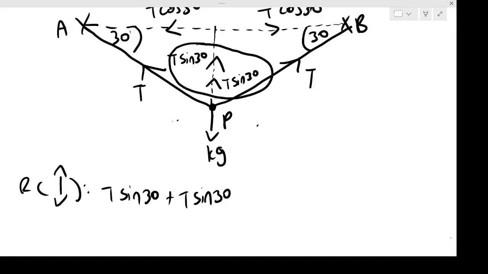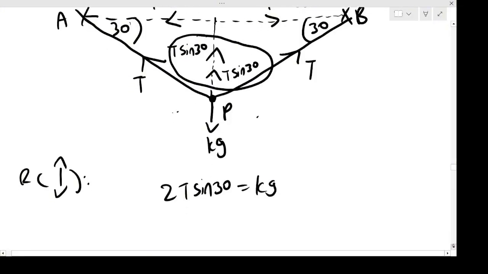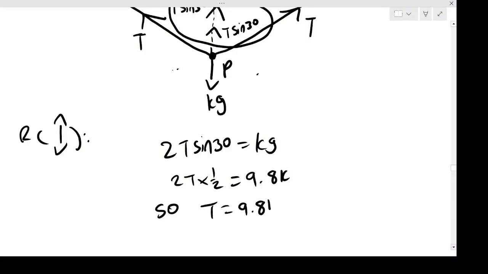I could simplify this to two lots of T sine 30 because they're the same. 2T sine 30 is going to equal the downwards force of kg. I can simplify this because I know that sine 30 is a half. 2T times a half is 9.8k, because g is 9.8. So 2T times a half is just T. So T is 9.8k.